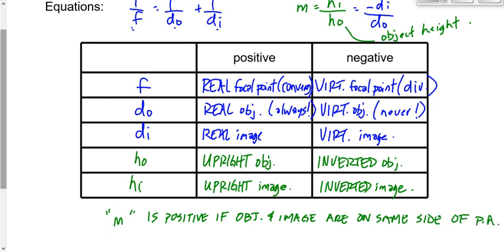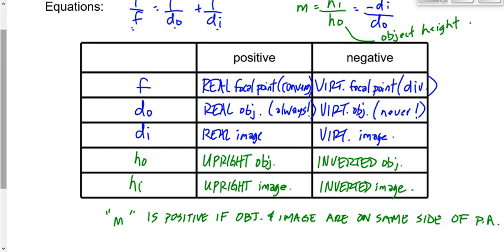In other words, if they're both upright, M is positive. If they're both upside down, M is positive. Right? If they're both on the same side of the principal axis, in other words, both upright or both inverted, M is positive. If one of them is upright and the other one is inverted, M is negative.